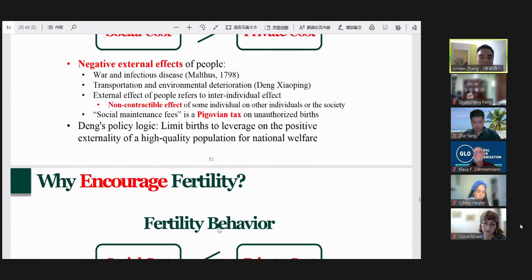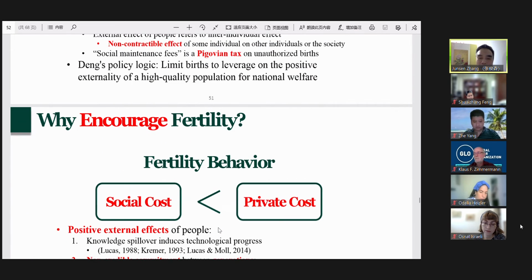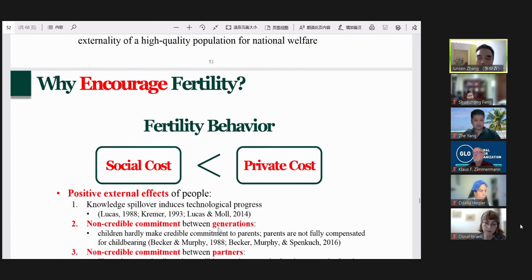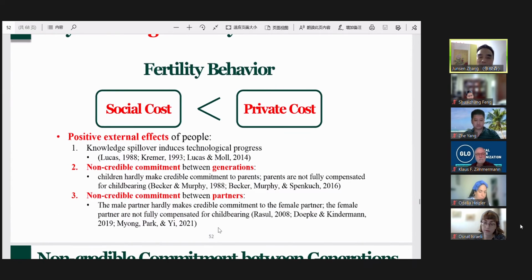Now, why encourage fertility is the opposite, when social cost is less than private cost. This would happen if there are positive external effects of people. And this is probably the crisis we are in now. We are currently on this track. Positive external effects can happen for several reasons. One is knowledge spillover, which induces technological progress.